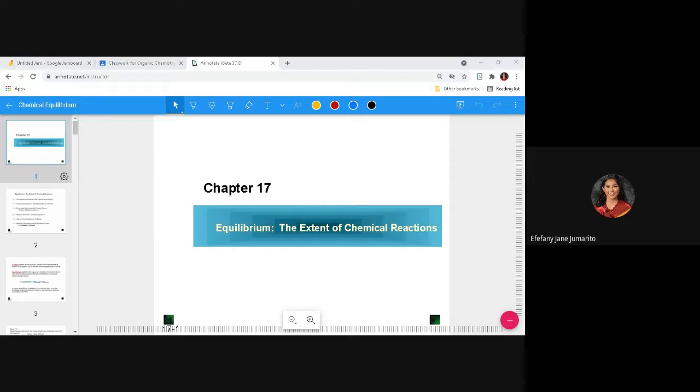So that's all balance. However, there are disturbances, there are stresses that affect our balance. So, balance in life, in chemistry, that is what we call equilibrium. In science, that is equilibrium.